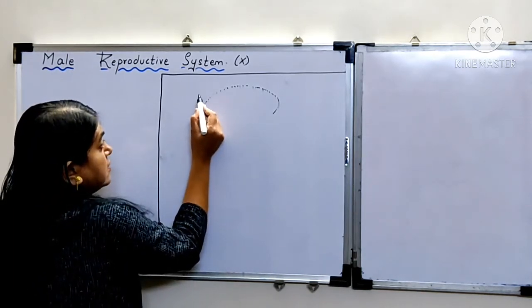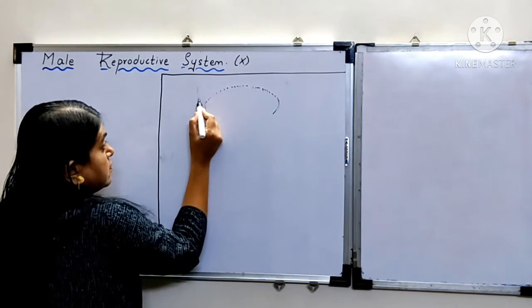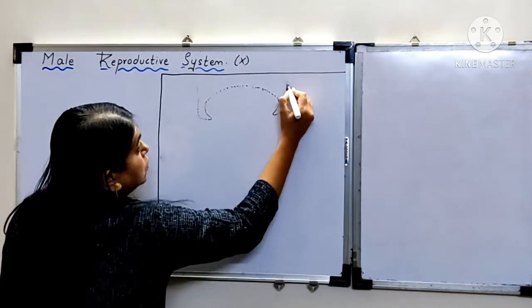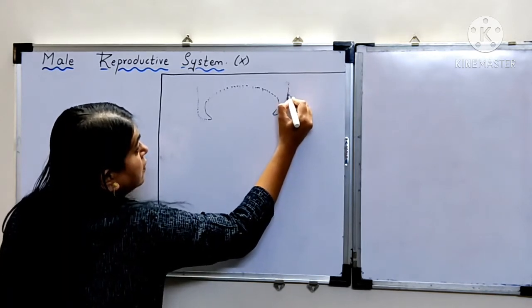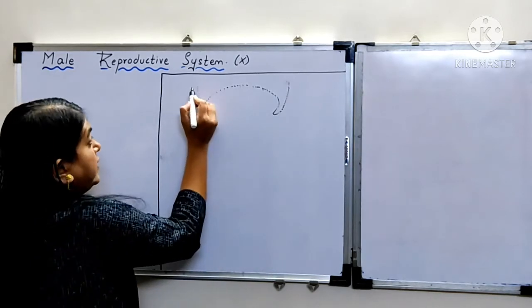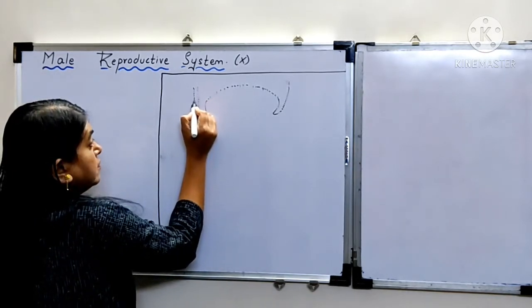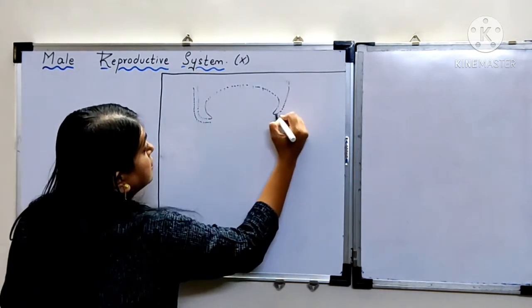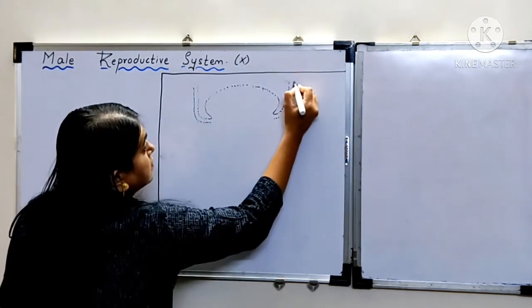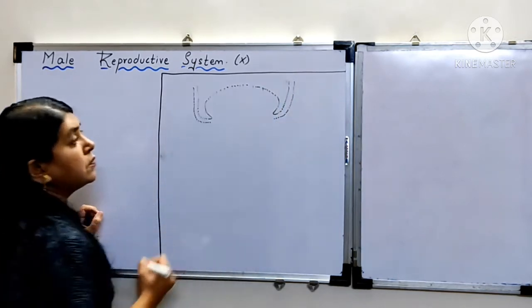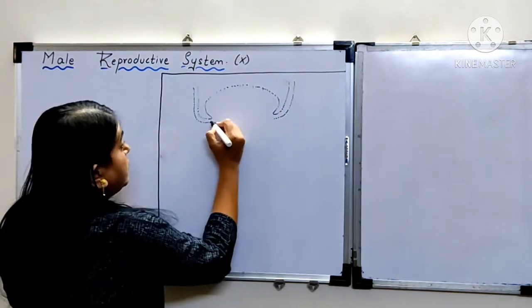A turn like this. And two small ducts on the left and the right side. Like this. Alright, continue down.